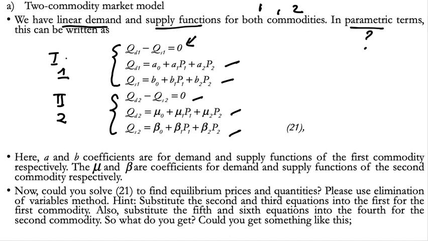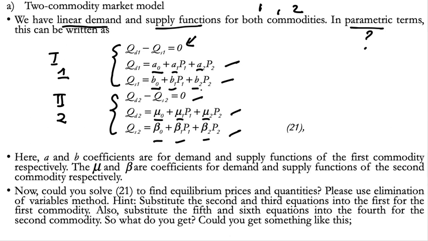Again, let's look at the market for commodity 1. The coefficients a and b are the coefficients for the demand and supply functions of the first commodity respectively, and the coefficients alpha and beta are for demand and supply of the second commodity respectively.